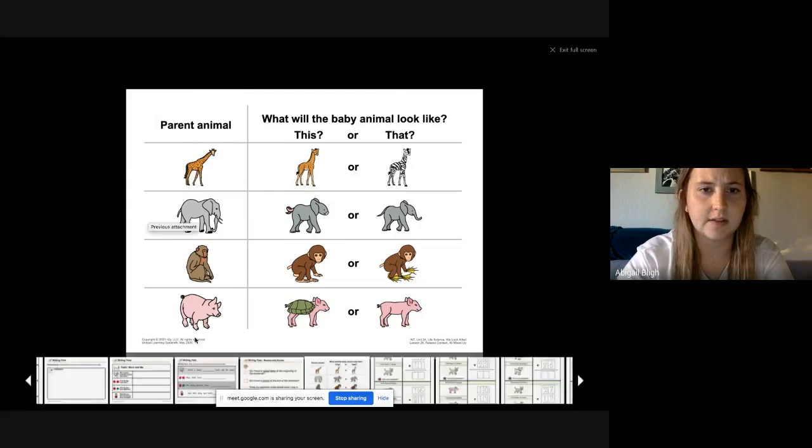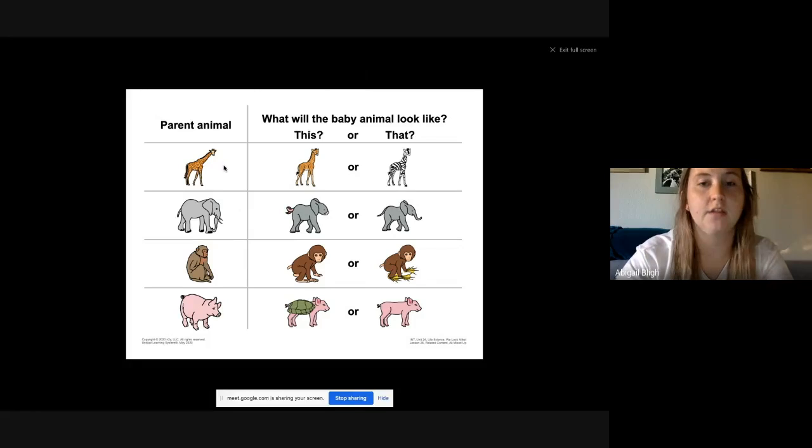You can see there is a giraffe in the first row, an elephant in the second row, a monkey in the third row, and a pig in the fourth row. Now we really want to pay attention to details when we're choosing the baby animal. On this side it says, what will the baby animal look like? This or that?